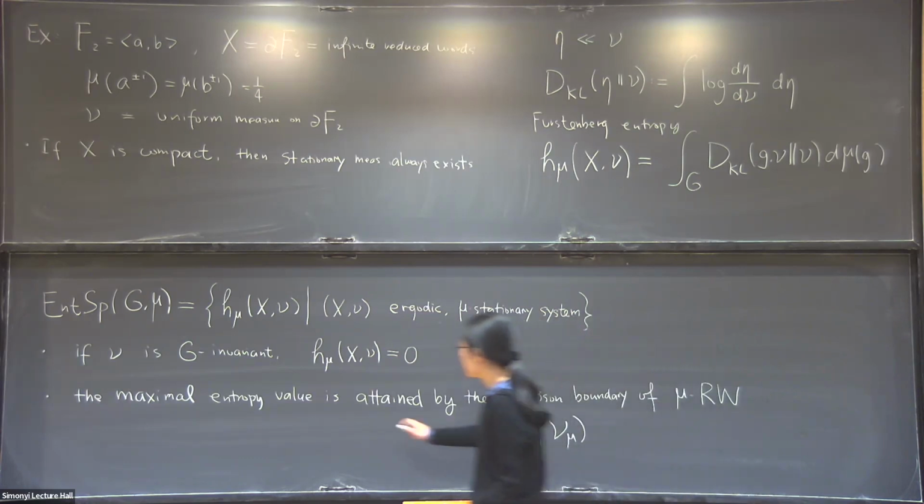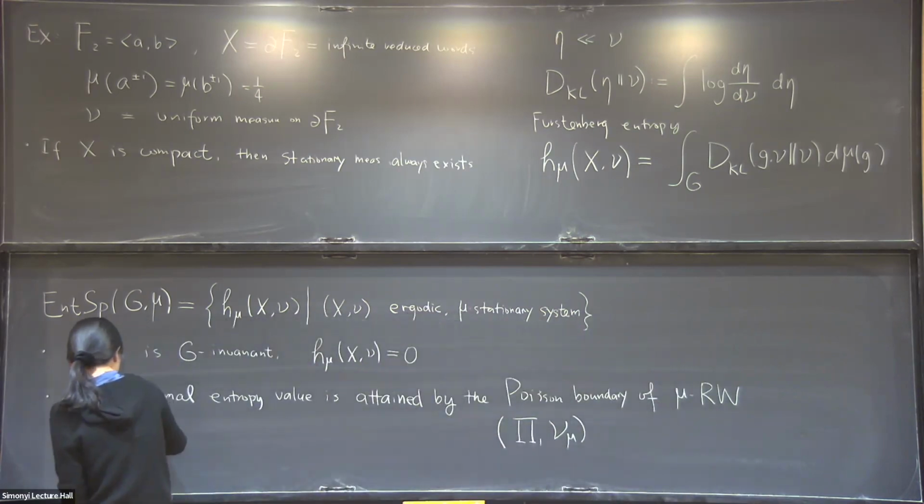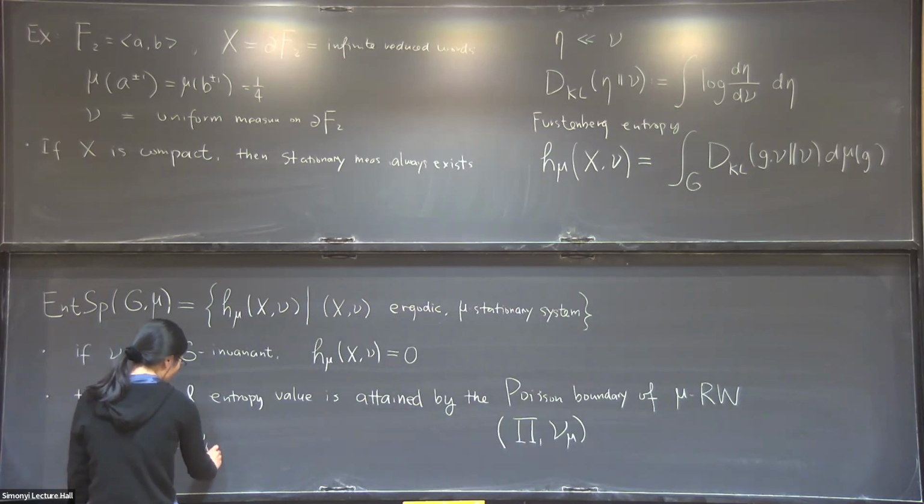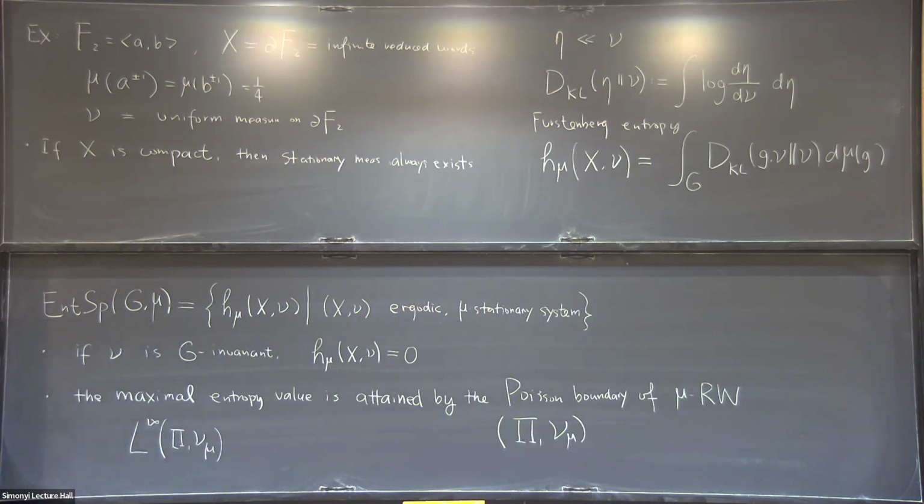So you know this L infinity of this space via the Poisson transform represents all bounded mu harmonic functions. And because of that kind of universal property, it attains maximal entropy among all possible stationary systems.